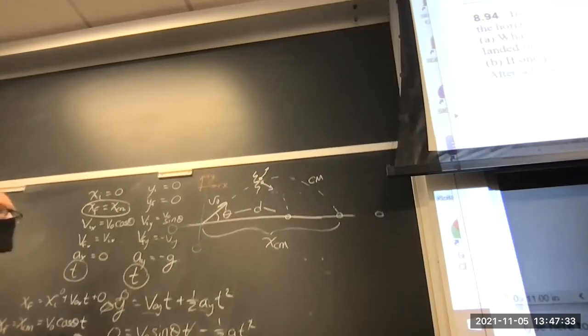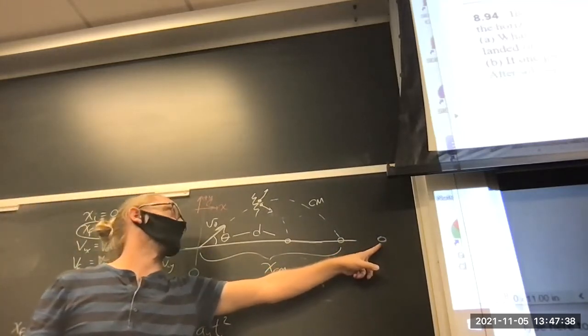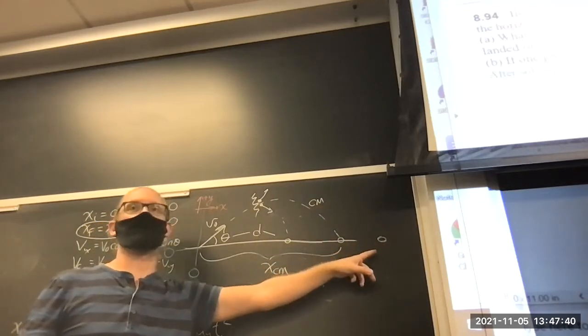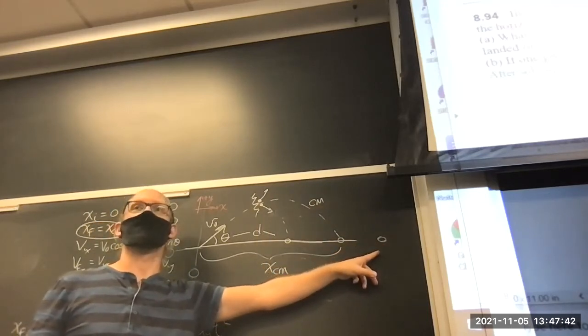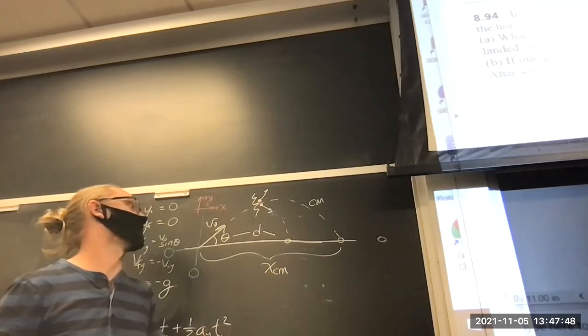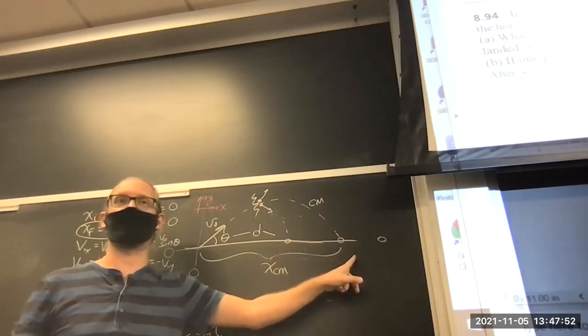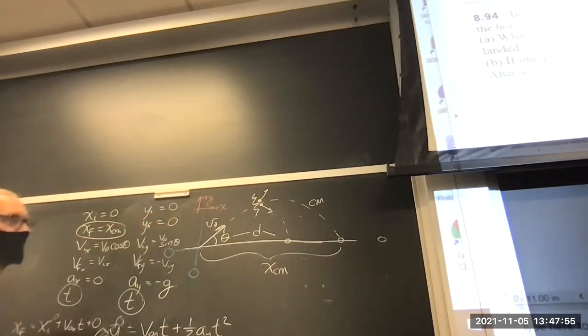All we know is that it has to be on this side. Why? Good. If one piece lands here, then the other one has to land out here in order for that center of mass to stay there.